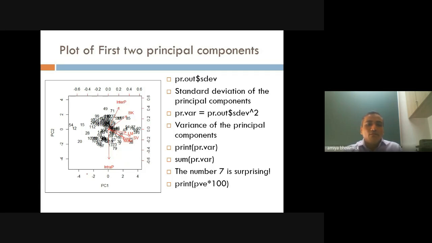As you observe, for the first principal component, these three seem to be significantly related, and a little bit of concentration from here also. So interpersonal intelligence is not contributing to the first principal component, right? Whereas for PC2, interpersonal and intrapersonal are going to have more contribution. So that means this seems to be possibly a three-factor structure.